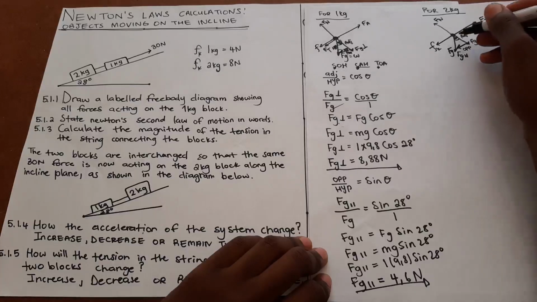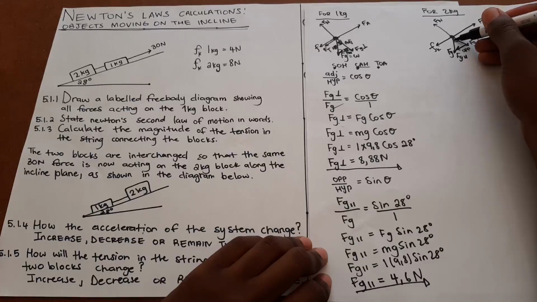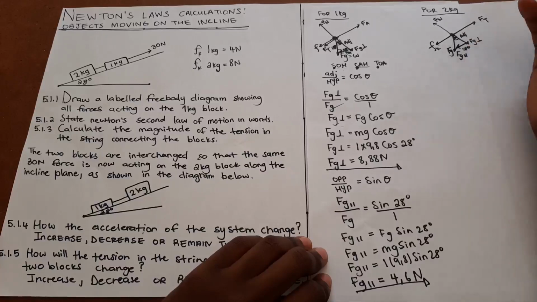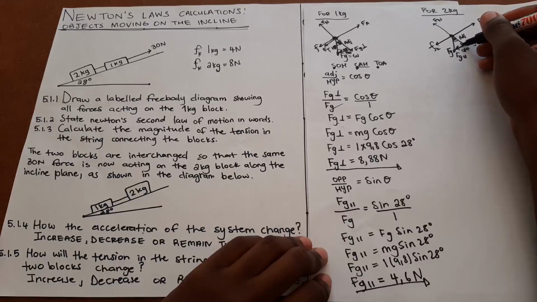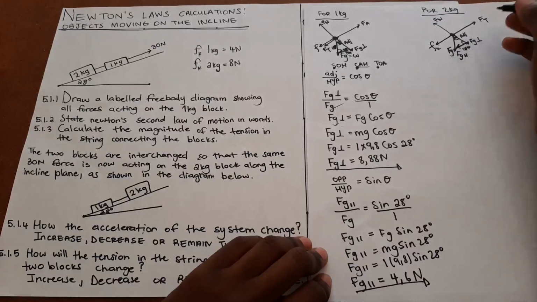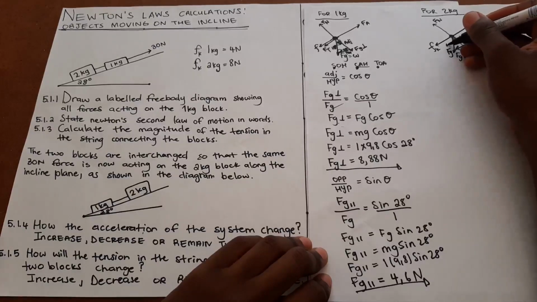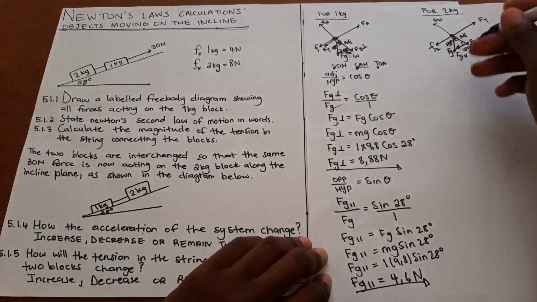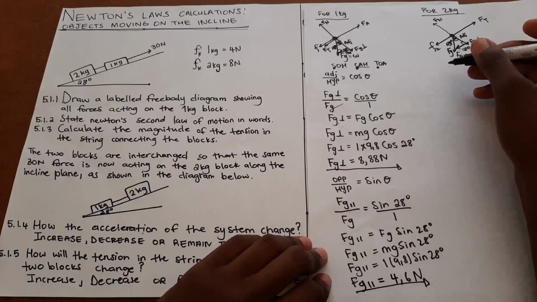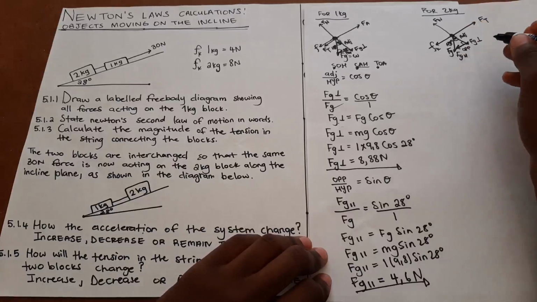The side opposite theta is the opposite side in a right angle triangle. Because this is a right angle formed by the perpendicular line bisecting the parallel line, that becomes 90 degrees. And the hypotenuse is this side.